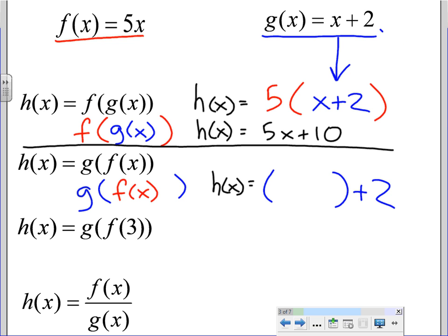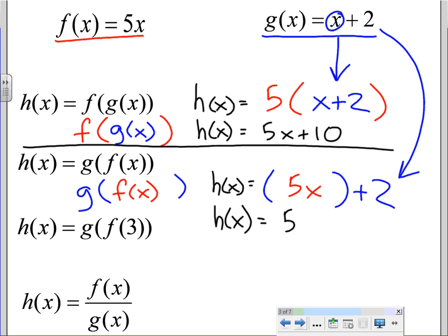Okay? So notice that's where that comes from. Here's your input. Input plus 2. And what's being inputted there is f of x, which is 5x. And then you just go ahead and simplify. So we say h of x is equal to 5x plus 2. Okay? Nothing can be combined here and so forth, so that's what we have.